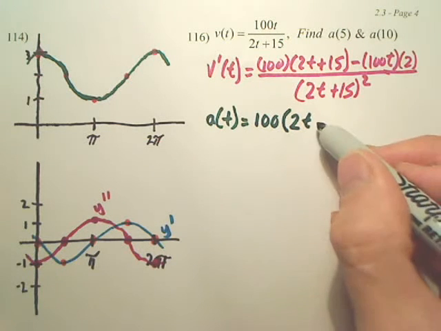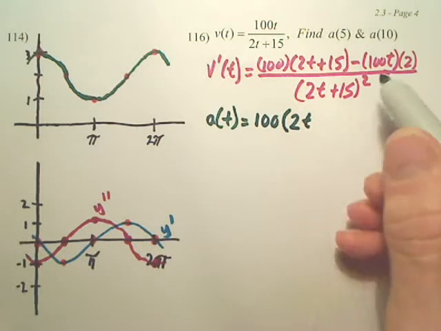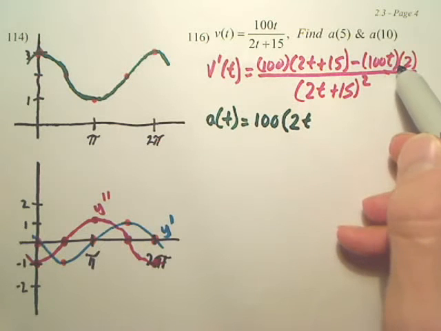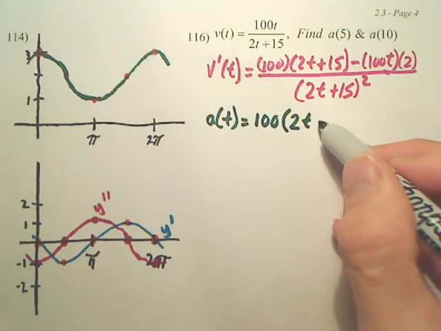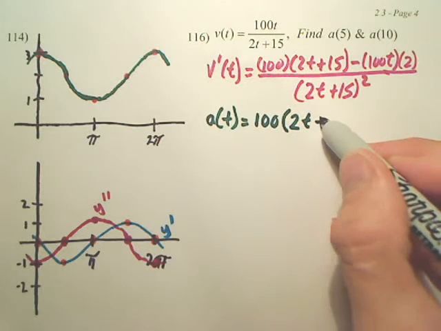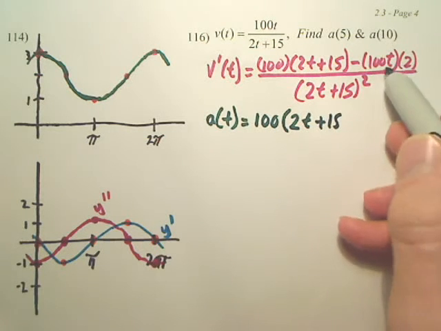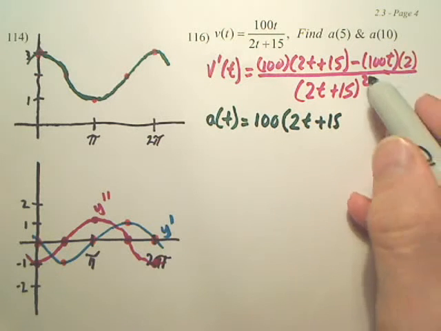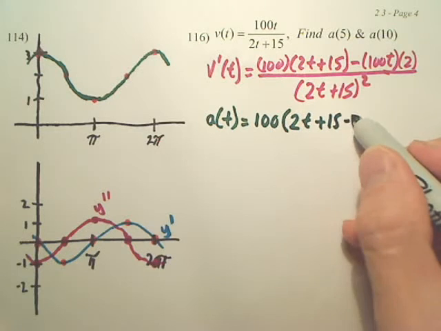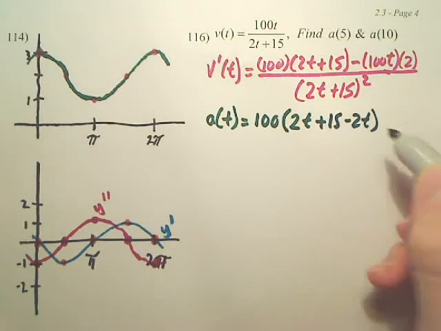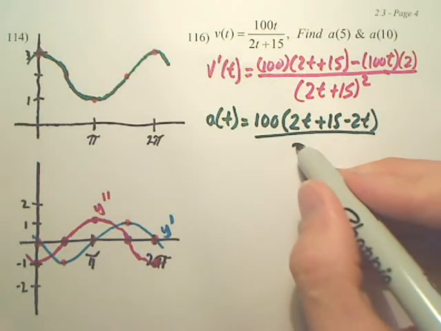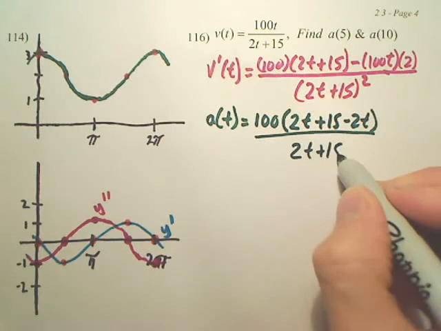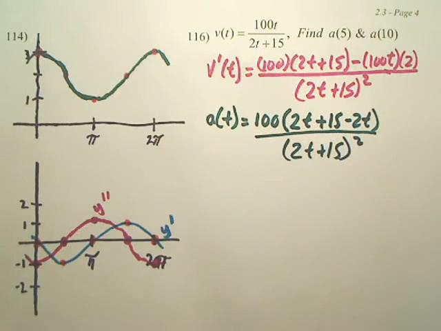Oops, no. It's 2t plus, isn't that a 2t right there? I missed that. Plus 15, and then this looks like it's a 2t. I lost a t, but it's minus 2t, right? Kind of messed up. I could have skipped a step there to write it twice.